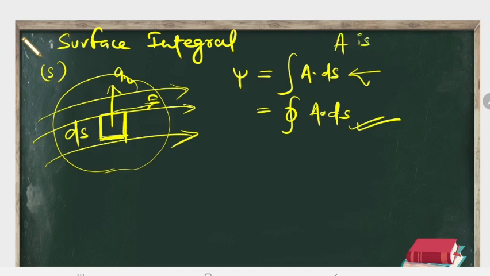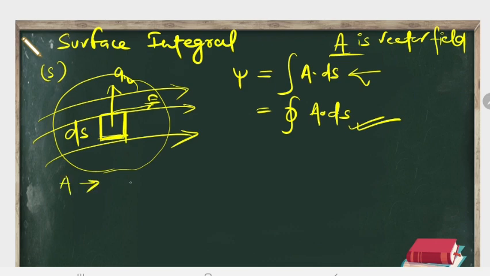A is a vector field. Here I have considered electric fields, so in place of A you may write electric field.